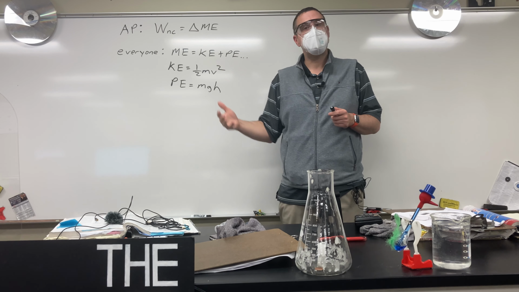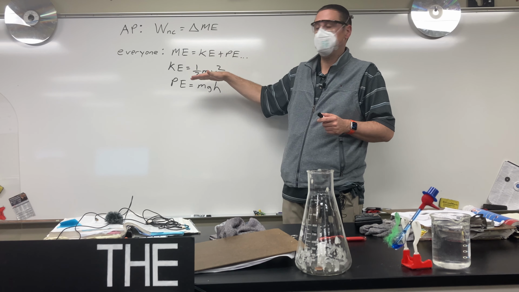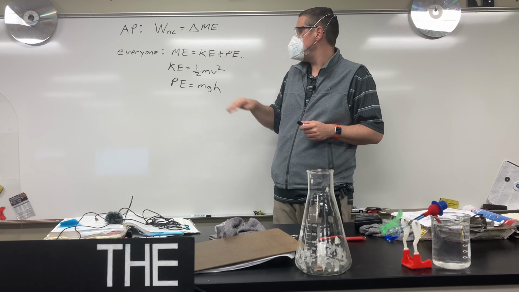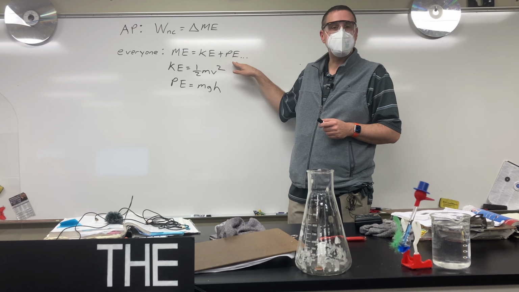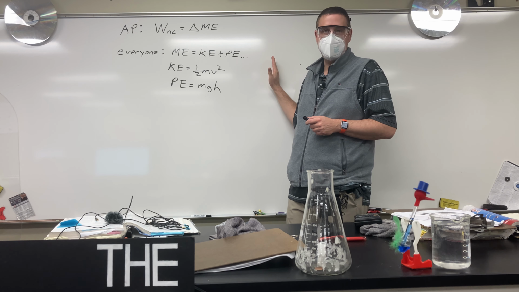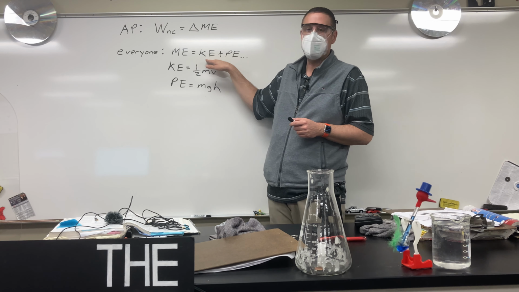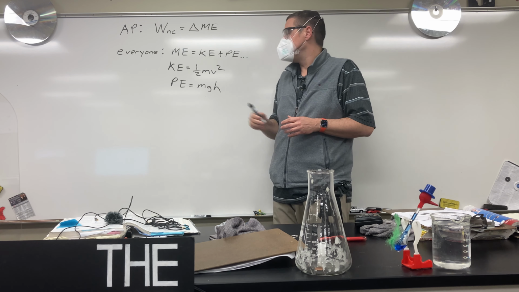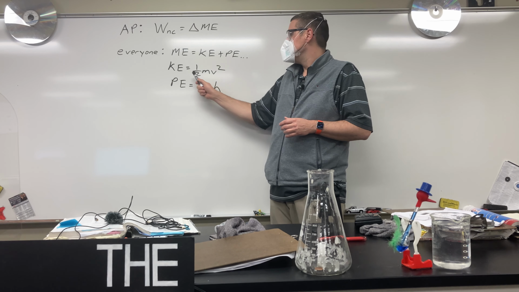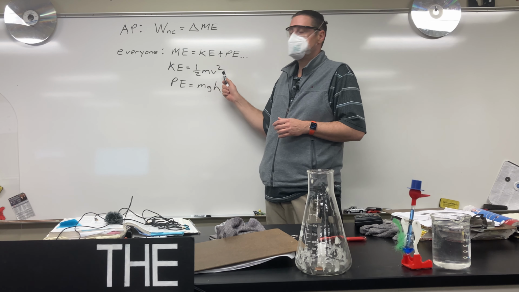For AP Physics and for regular physics, these equations are relevant. The mechanical energy of the system will be the kinetic energy plus the gravitational potential energy, and eventually for AP some other stuff. But for right now, we'll focus in on kinetic and potential energy initially. Kinetic energy will have to do with how fast the object's moving. So kinetic energy is 1/2 mv squared.